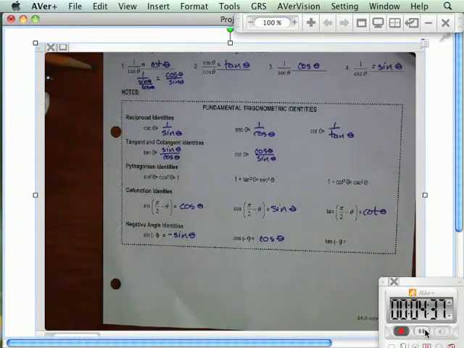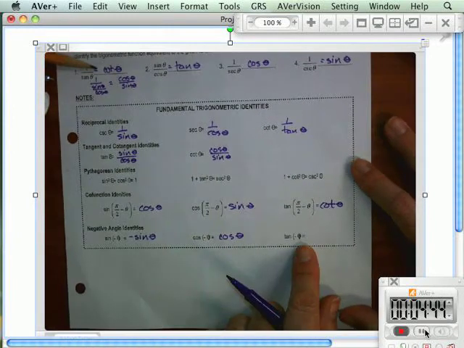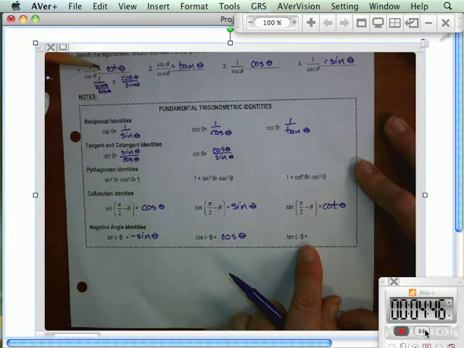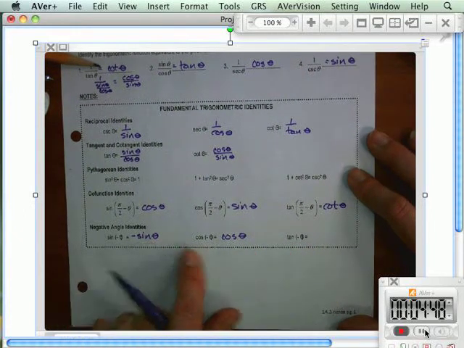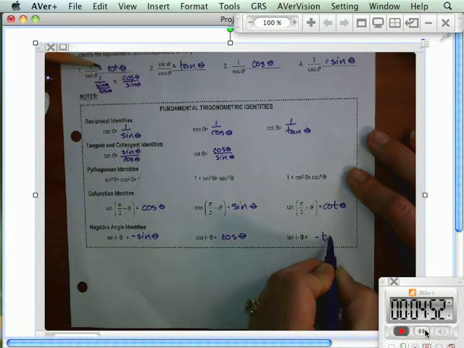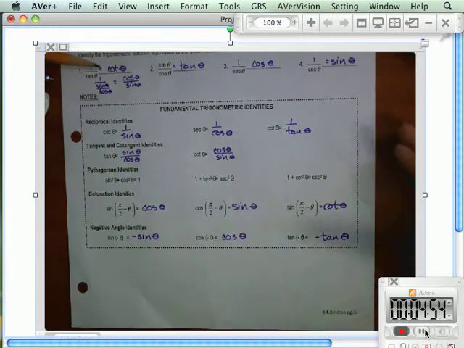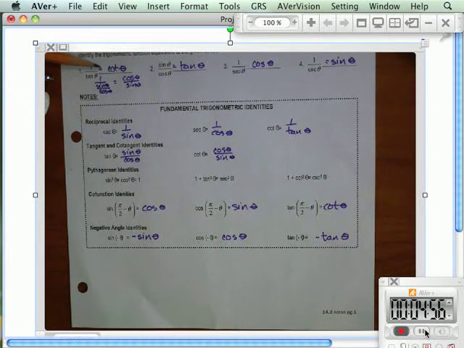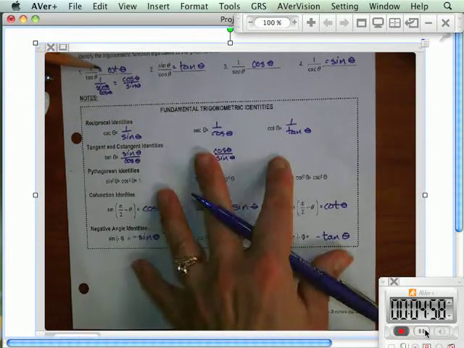I know. I can't explain it. Someday I will be able to. This one kind of makes sense because it's tangent, which is sine over cosine, so it's actually going to be negative tangent of theta. So these things you're going to use to solve stuff.